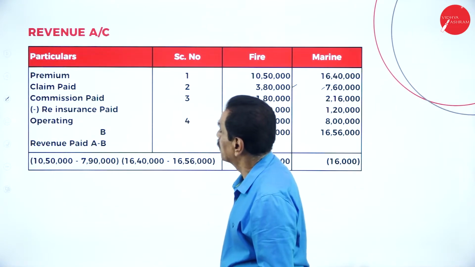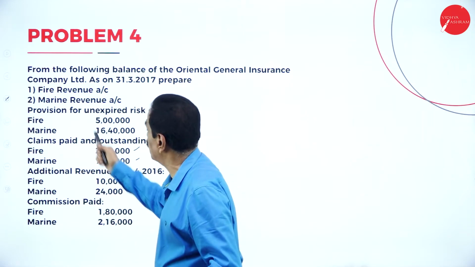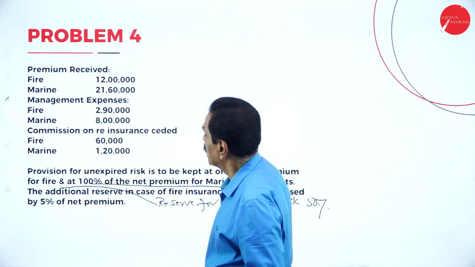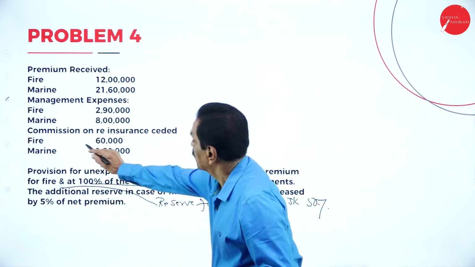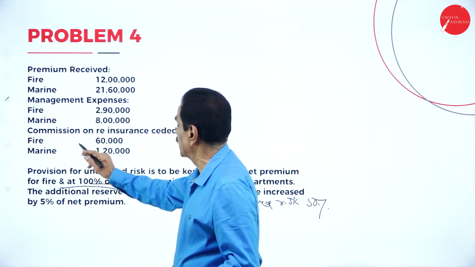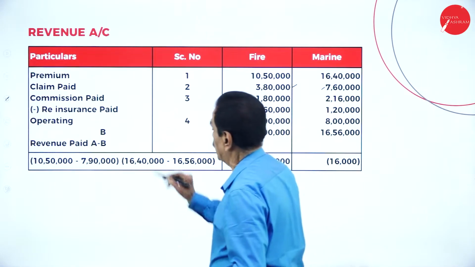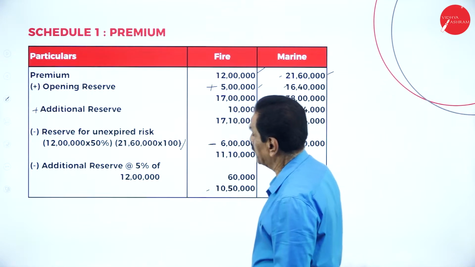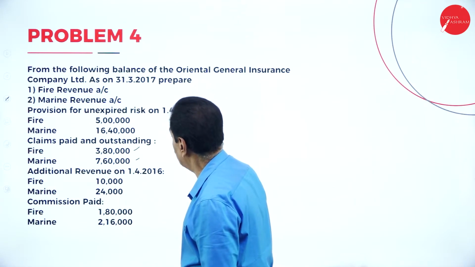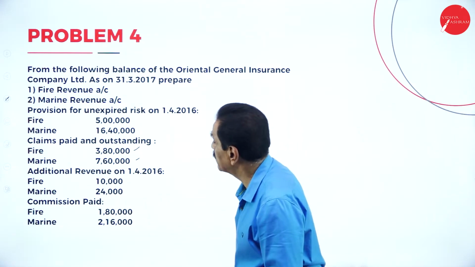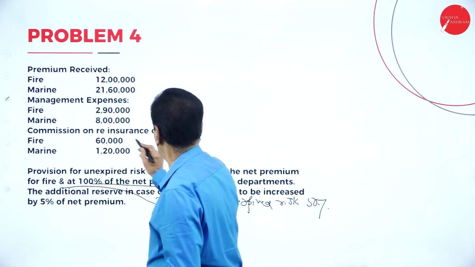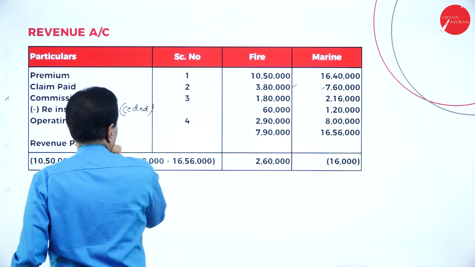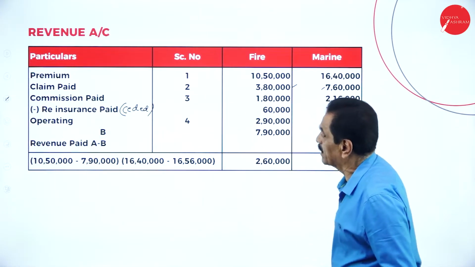Minus reinsurance ceded, commission on reinsurance ceded: 60,000 and 1 lakh 20,000.